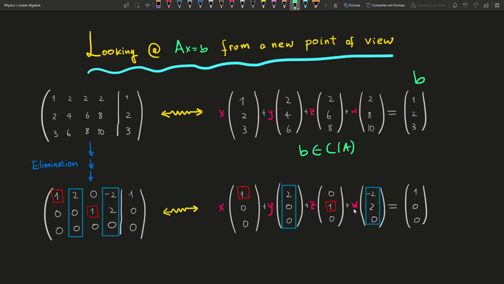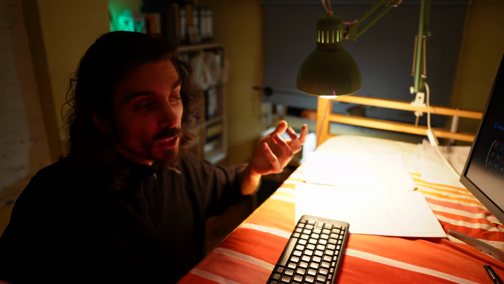If I seek x, y, z, and w that combine these columns to produce 1, 0, 0, then our b prime, the simplified version of b, must belong to the column space of this matrix here, which I'm going to call A prime. It must be that. Otherwise, there is no possible x, y, z, and w that creates this vector.